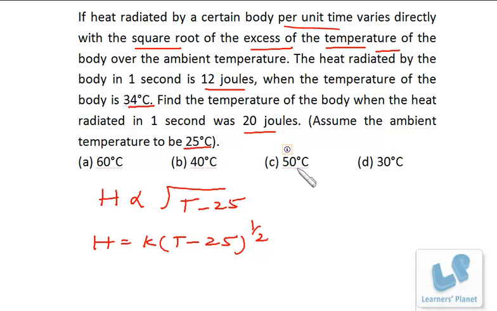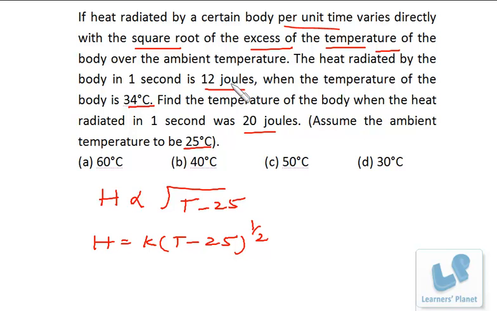Now, in the first relationship, the heat radiated by the body in 1 second is 12 joules and the temperature is 34 degrees centigrade.